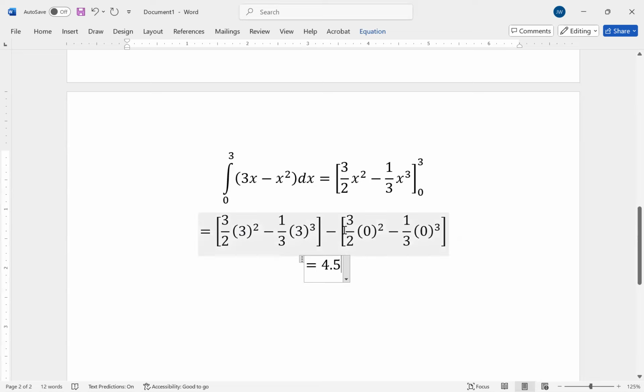And I get 0 when I compute this. So 4.5 minus 0 is 4.5. So this definite integral turned out to be equal to 4.5. That means the signed area here is 4.5.